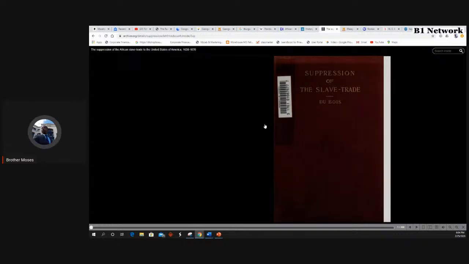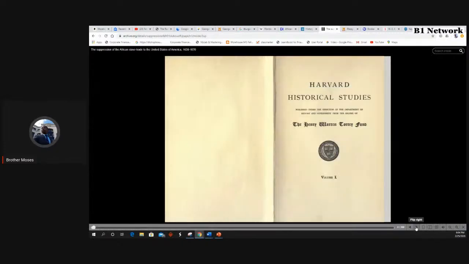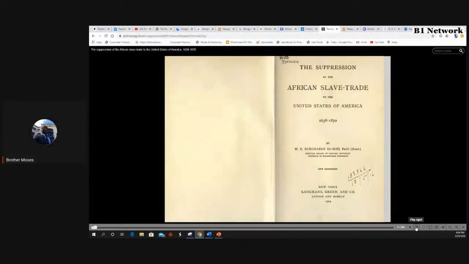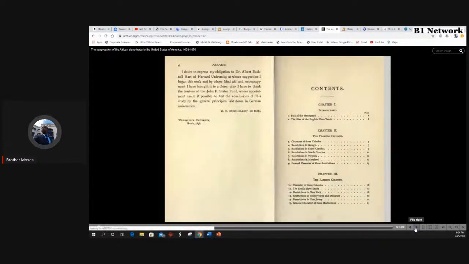Now, this is available at Harvard. And so for Moses, the researcher, I say, don't stop at the cover. The Suppression of the African Slave Trade to the United States of America by W.E.B. Du Bois.